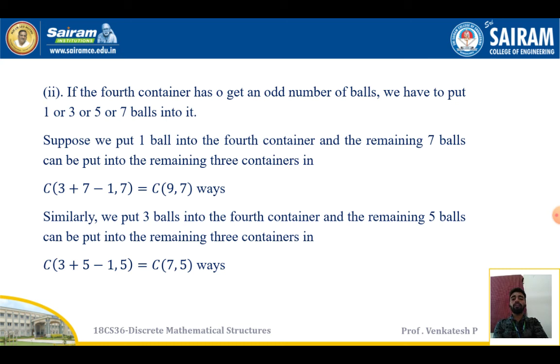Similarly, if I put 3 balls into the fourth container, the remaining 5 balls can be put into the remaining 3 containers in C(3 plus 5 minus 1, 5), which is C(7, 5) ways.